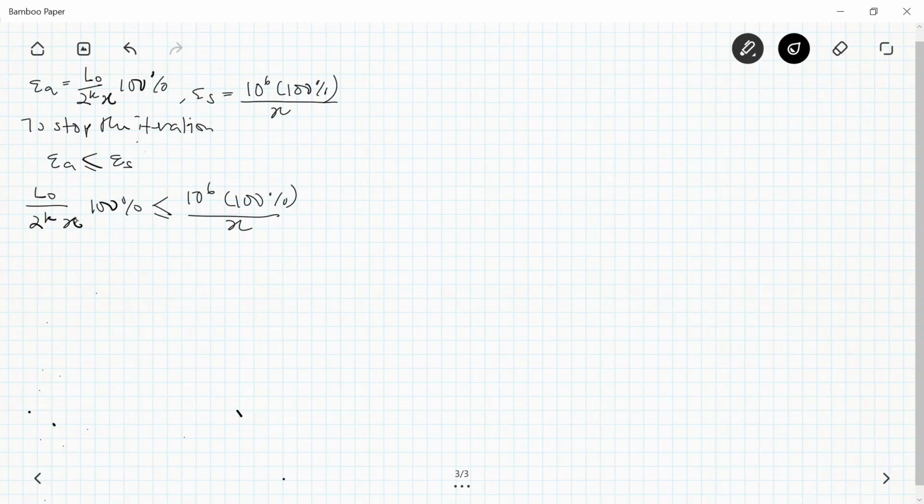We can eliminate X. We can eliminate 100%. So this reduces to L naught over 2^k less than or equal to 10 to the power of 6.